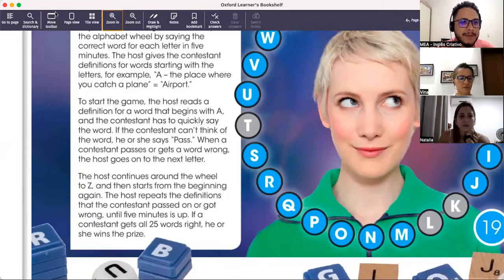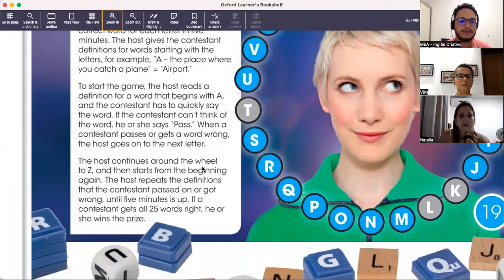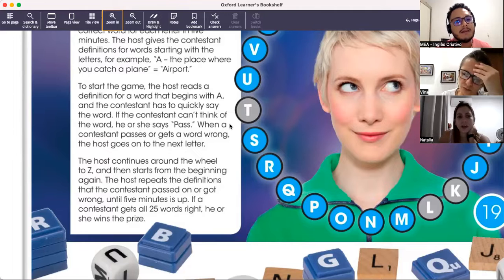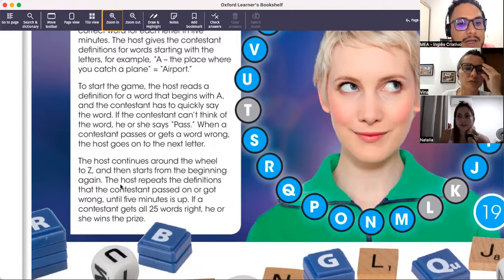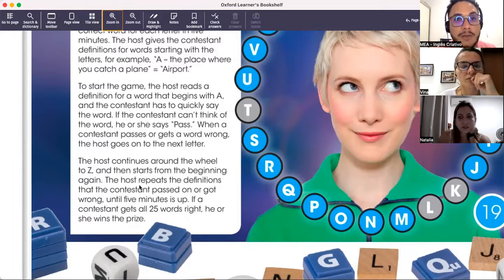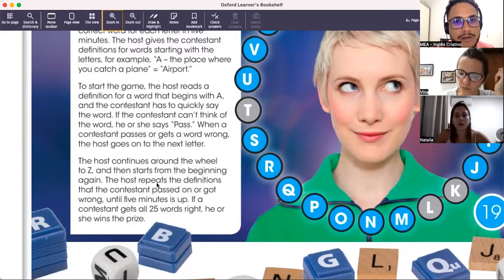But read for me this paragraph here. The host continues around the wheel to see, and then starts from the beginning again. The host repeats the definitions. Okay, but let's pay attention to this pronunciation. The host repeats. Not hostel, it's the host.